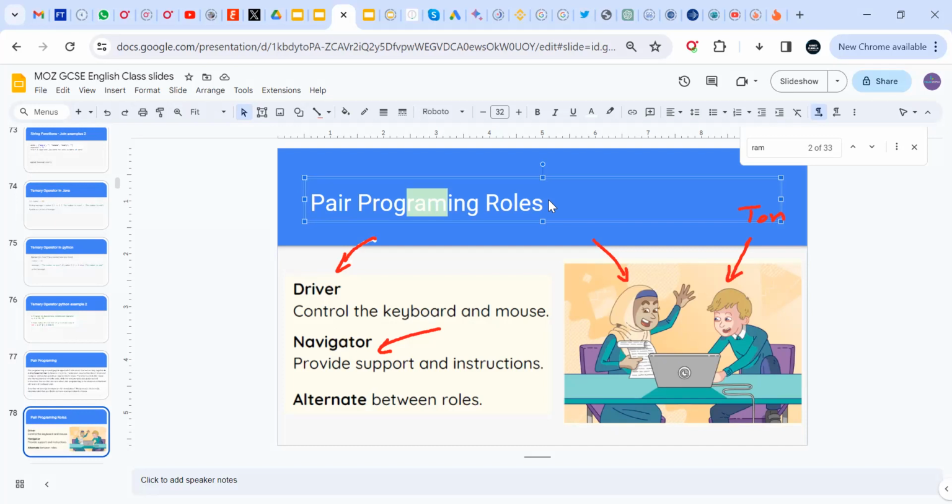But if you learn now how pair programming works, you need to learn why they actually recommend that kind of thing, because building a software actually costs X amount of money. Let's say 10,000 ringgit.